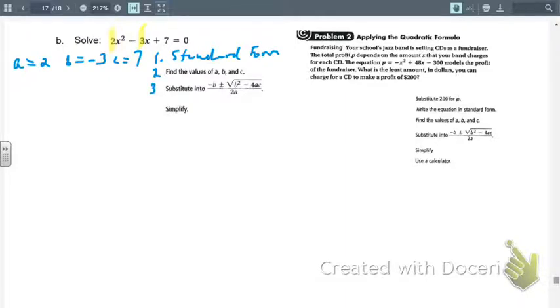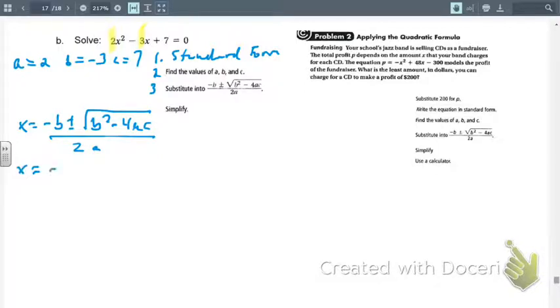Step 3 is to write the quadratic formula, and then we'll substitute in. So x equals negative b plus or minus the square root of b squared minus 4ac all over 2a.